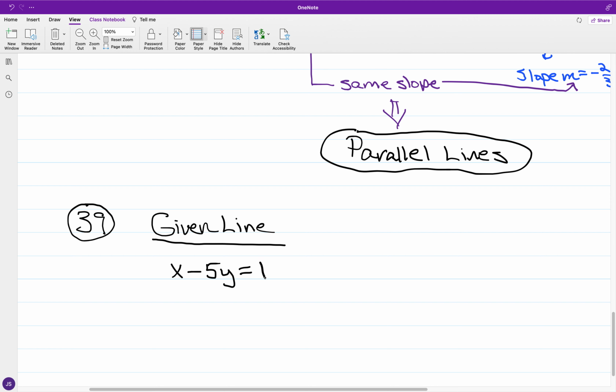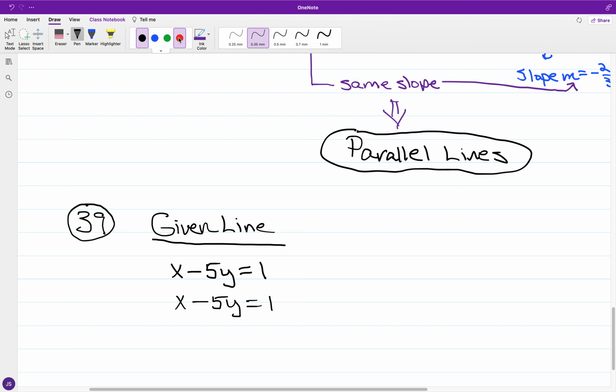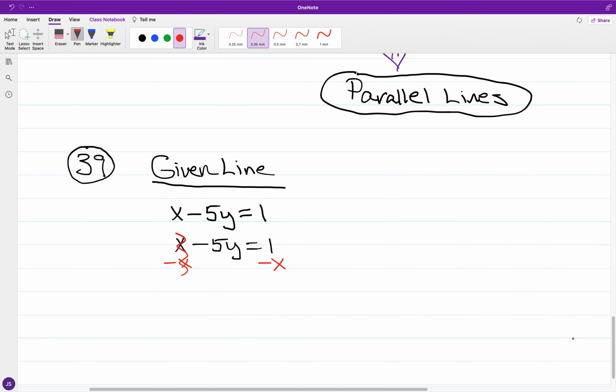And to be able to establish the parallel and the perpendicular lines, we want to go ahead and get the slope of the given line. So we have x minus 5y is equal to 1. Again, if I get the y term by itself, I can take x away from both sides.